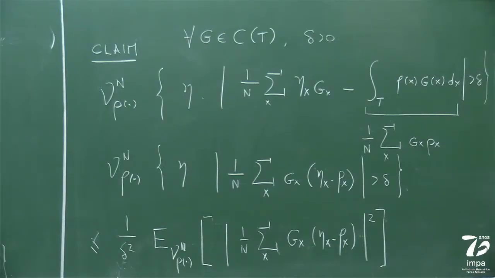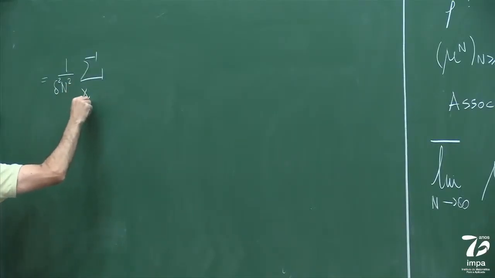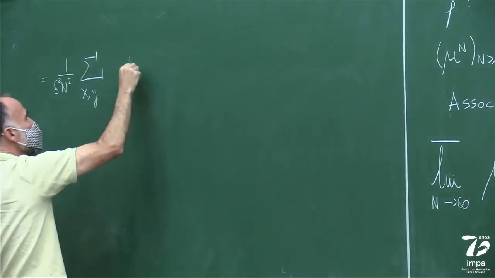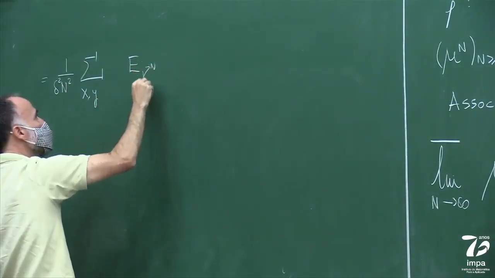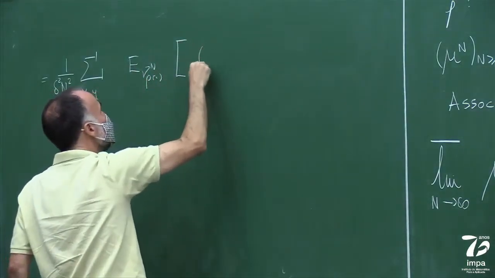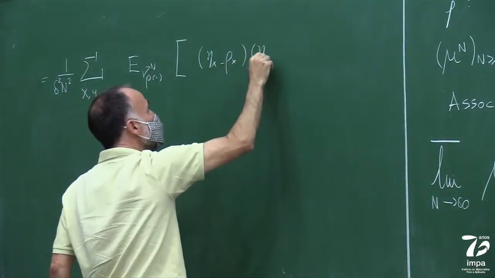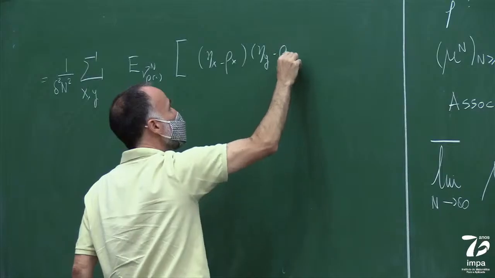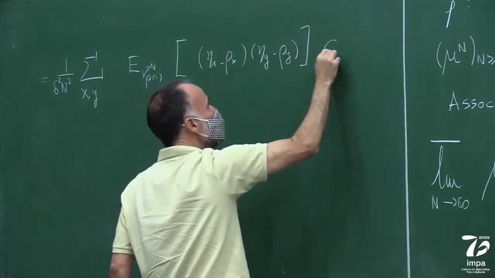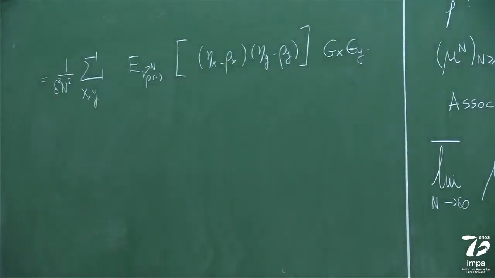So this is equal to 1 over n squared, well, I still have the δ square, the sum over x and y of the expectation of (η_x − ρ_x)(η_y − ρ_y) g_x g_y.